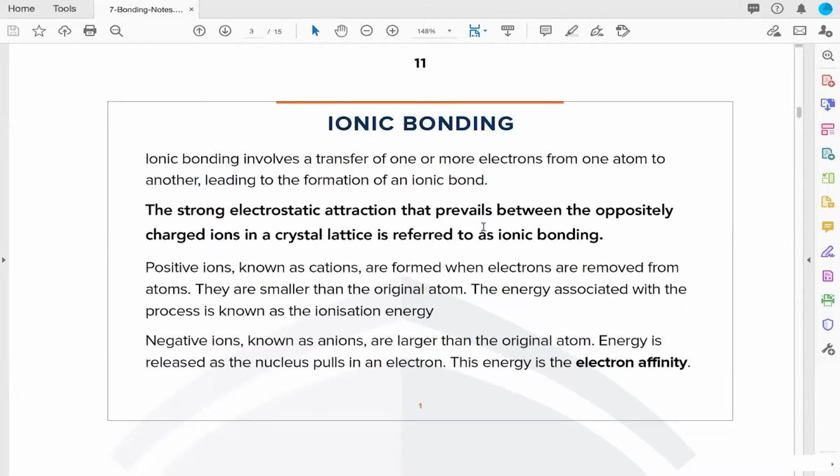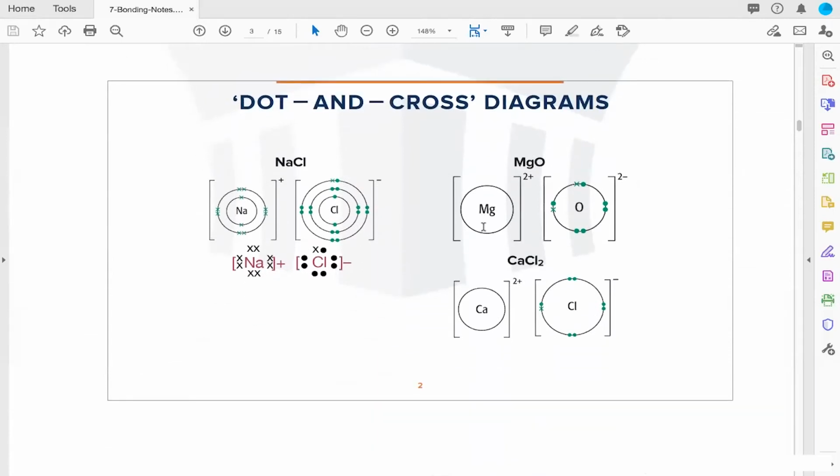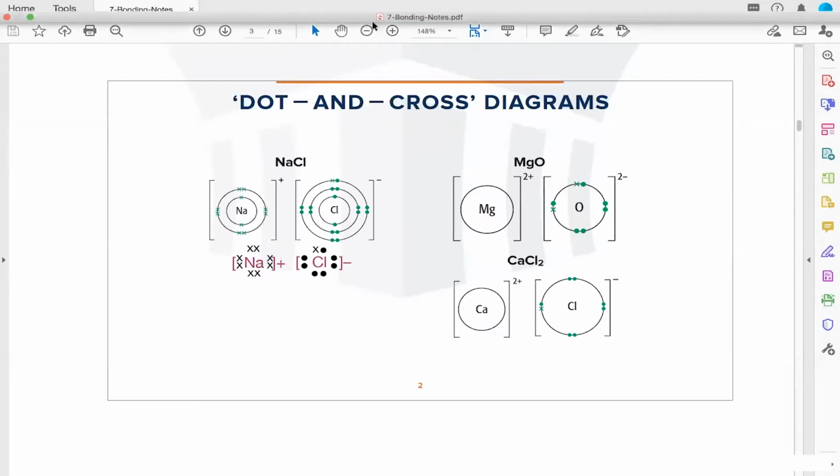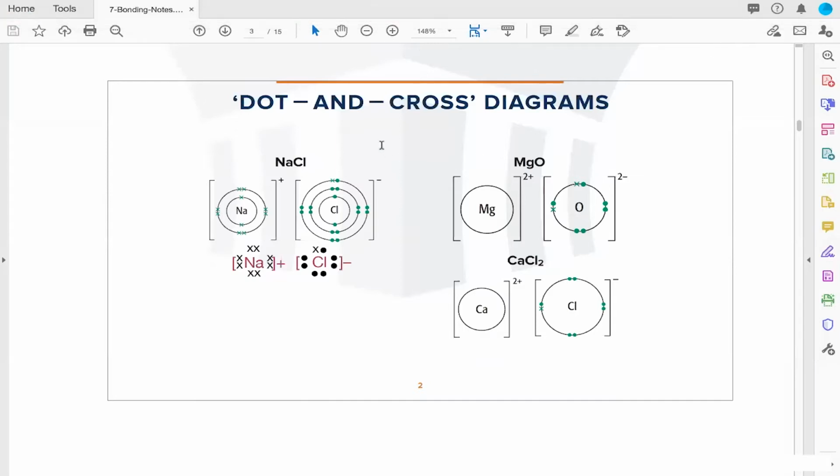Now, to understand how ions come about, we have to understand the dot and cross diagram. Every dot and cross diagram simply tells us that you have atoms, and these atoms have electrons, and those electrons are either gained or lost. How is an electron gained or lost?